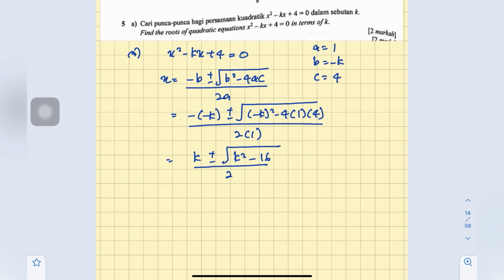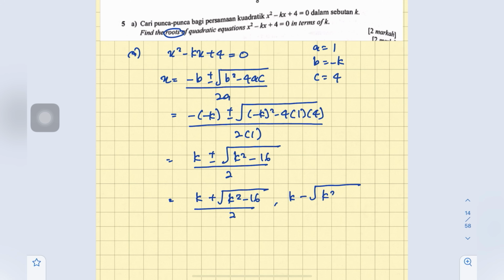The question says find roots, so there are two roots, and here we got plus minus, so we just separate them. One is (k + square root of k squared minus 16) over 2, and the other is (k minus square root of k squared minus 16) over 2. These are the two roots of the quadratic equation.